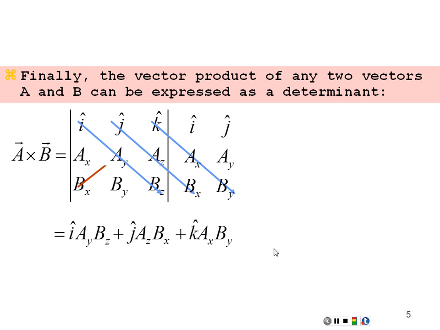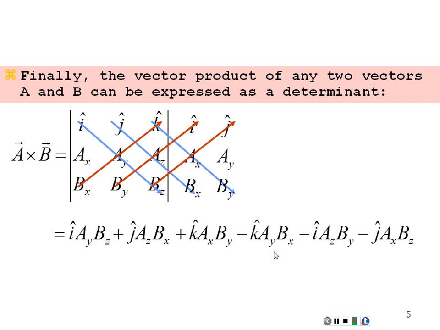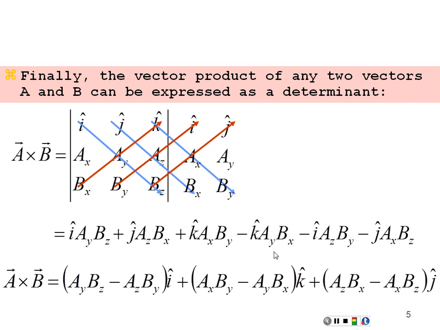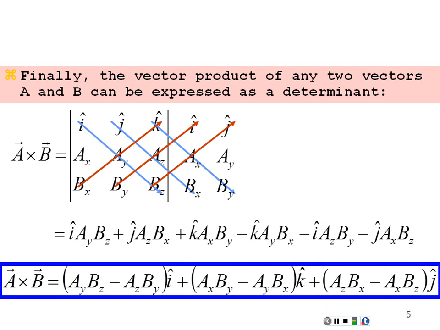So I'm going to have minus bx ay k, minus i by az, minus j ax bz. Put all my i's together, all my j's together, all my k's together, and I get the cross product.